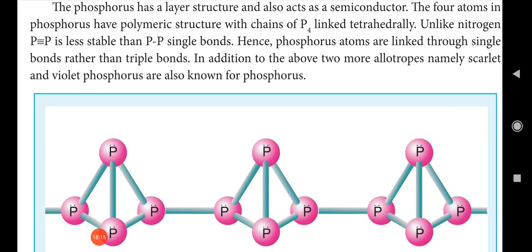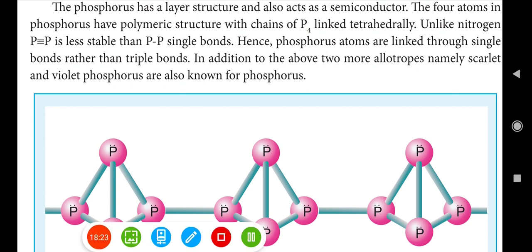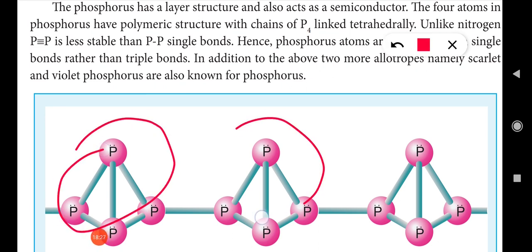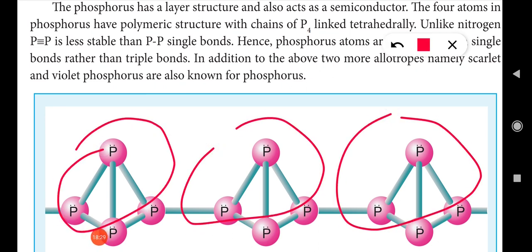These polymeric chains are linked tetrahedrally. So this is a tetrahedral structure, and unlike nitrogen, phosphorus to phosphorus bonding is less stable.